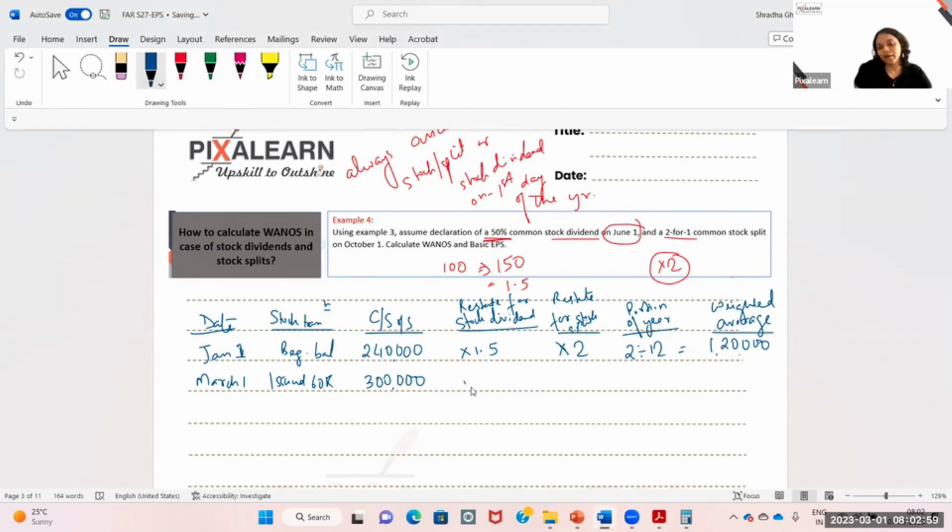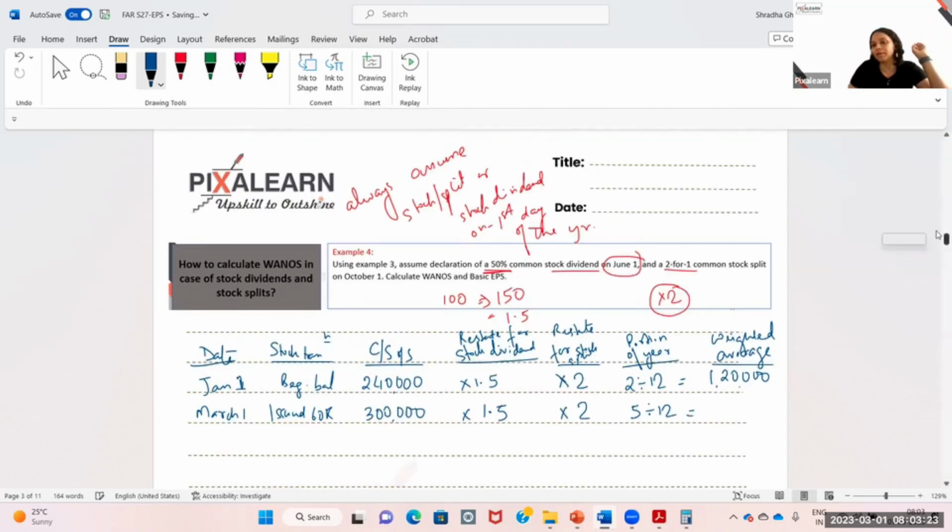So what will I do? I'll multiply it by 1.5, then I further multiply it by 2, and I know that it was outstanding for 5 months of the year, right? Because it was March till July. March, April, May, June, July, 5 months. That we did in the earlier example.